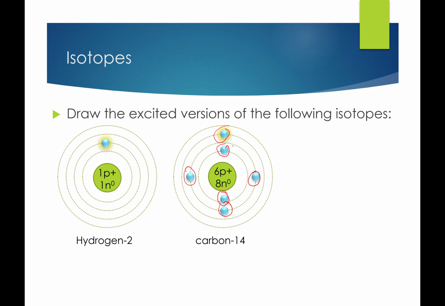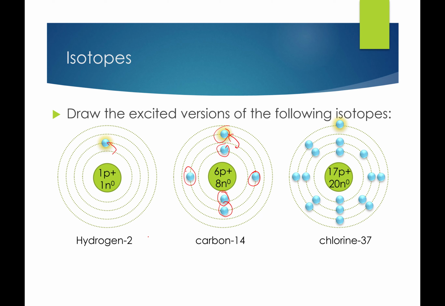This electron here has jumped from the second shell out to the third shell. Just like you can see this one here has jumped from the first shell to the second shell. And chlorine. So we're looking at 1, 2 in the first shell, 1, 2, 3, 4, 5, 6, 7, 8 in the second shell. And in that third shell, 1, 2, 3, 4, 5, 6, that 7th one has jumped into the outer shell.